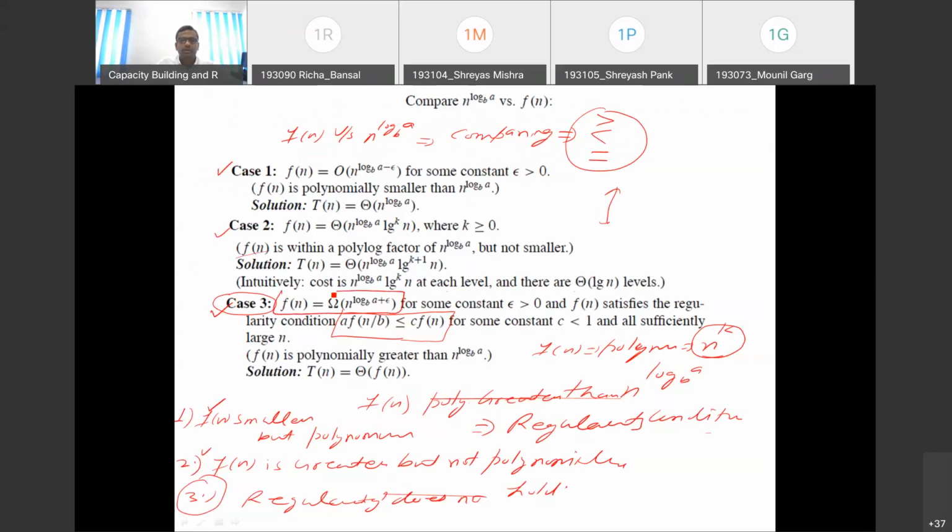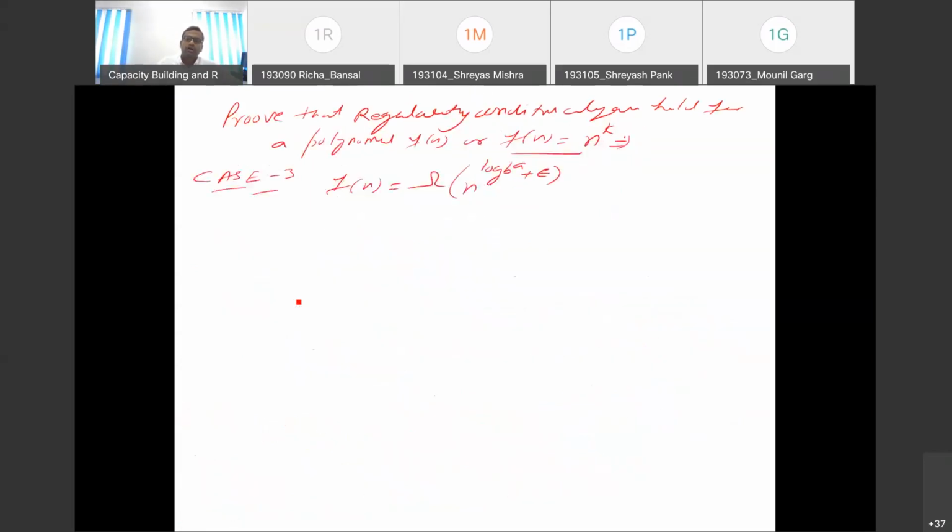Whenever f of n is polynomially greater than n raised to the power log a base b, we need to add a certain value of epsilon, a positive value, to the exponent. So there is already a condition that f of n is going to be of the order of this one. Fine, is it okay?